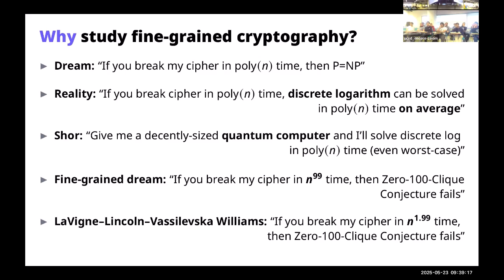So even though its hardness is based on zero-k-clique, the gap between the time an honest party needs to spend and an attacker needs to spend is not n to the 100, it's n squared. But it's a provable end-to-end guarantee that if I can break the system faster than n squared, then you can find zero-k-clique faster.